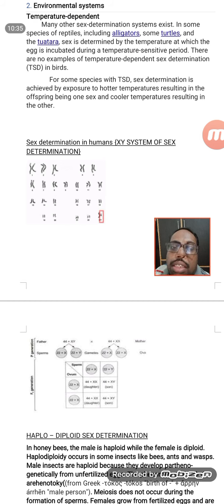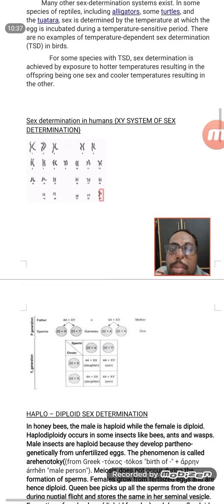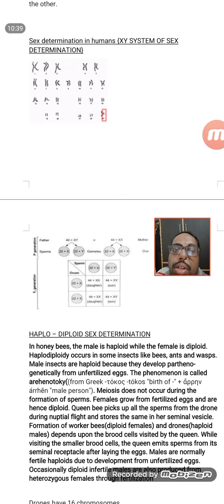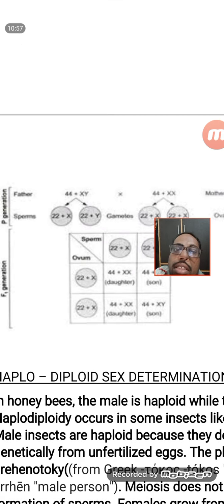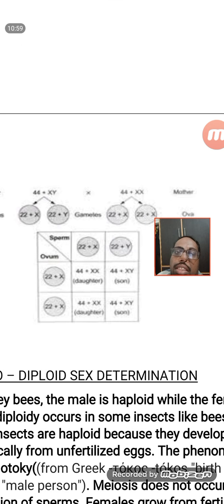XY sex determination. That means the Punnett square has been drawn here. According to this, we know that we have 46 chromosomes, that is 44 autosomes, and XY is the sex chromosome. When the gametes are formed, there is a 50-50 chance for a male or a female.